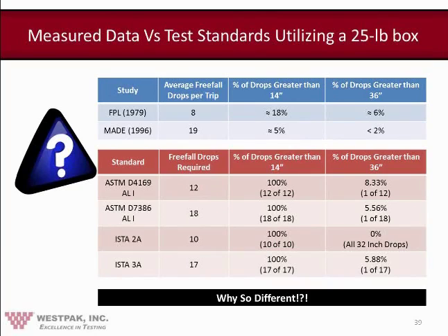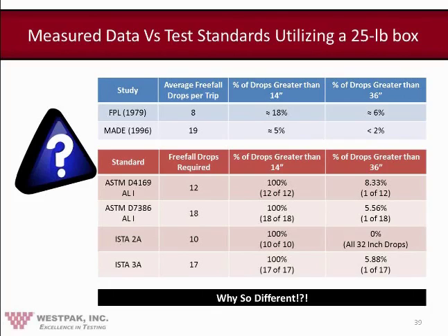Definitely, Herb. So if you think about what we talked about maybe 30 minutes ago, FPL22 and the Maid Study, we have some good data here. What FPL22 says is that for each trip, around 18% of the drops were over 14 inches, and around 6% of the drops were over 36 inches.